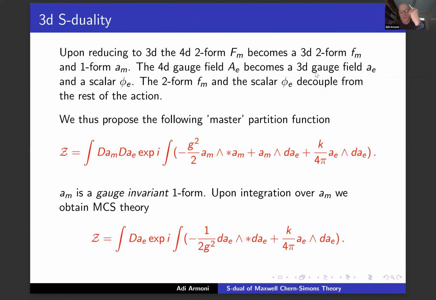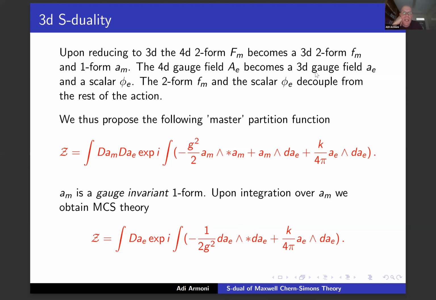Now, what we have is Fm wedge DAE, right? So we have an interaction between Fm and AE, and we have to reduce the 4D two-form to 3D. Now, when we do the dimensional reduction from 4D to 3D, the 4D two-form becomes a 3D two-form Fm, and an additional one-form AM.